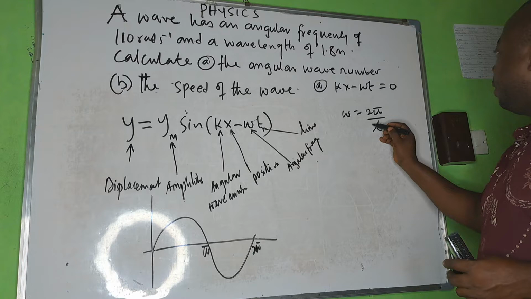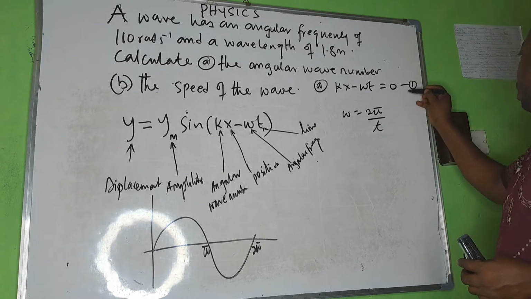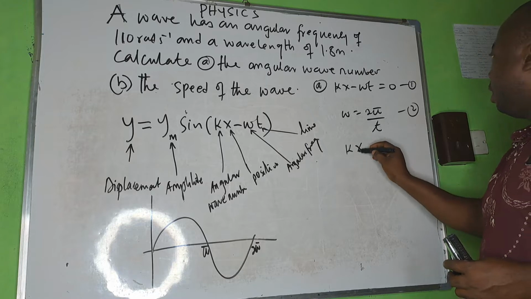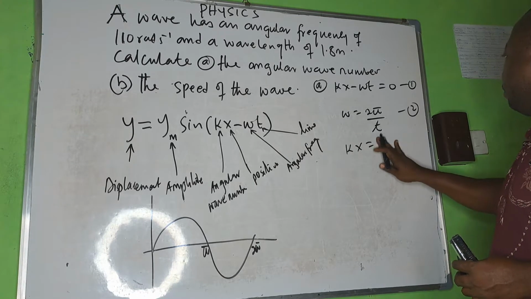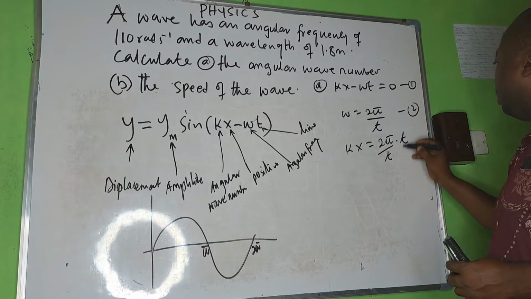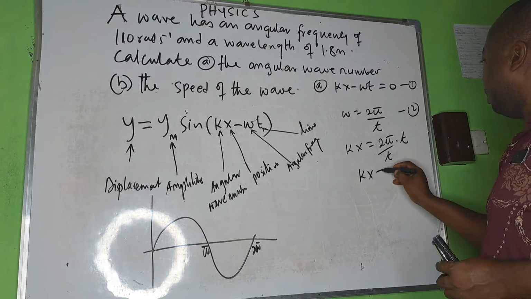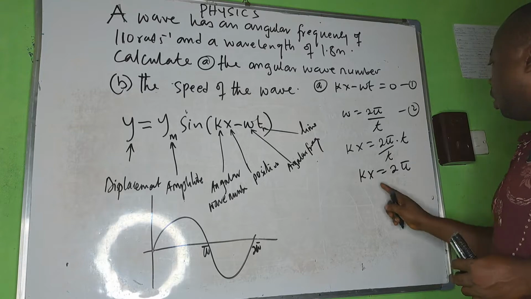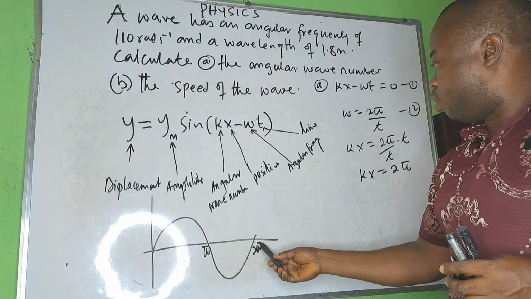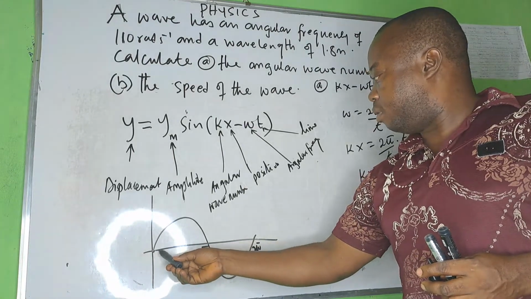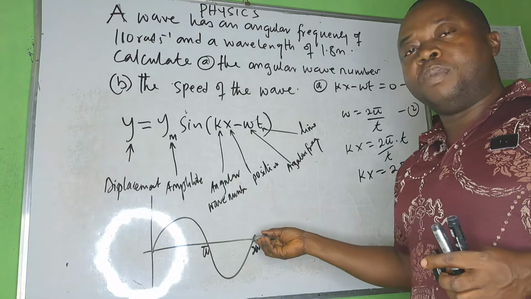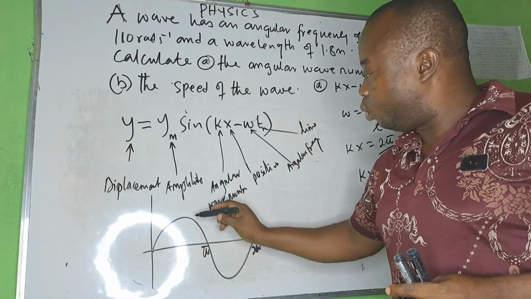Now we have k. If we substitute, call here 1, call here 2, we substitute 2 in 1, we have kx equals 2 pi over T times t. So kx gives us 2 pi. This is a complete oscillation. The distance from this point to when the particle has completed one oscillation has to be its wavelength.